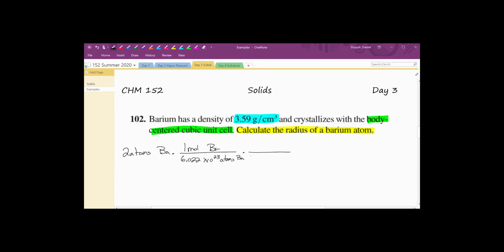And 1 mole of barium is 137.33 grams of barium. And 3.59 grams of barium is 1 mole of barium. So I'm getting 2 times 137.33 times 10 to the 23rd. I get 1.27.